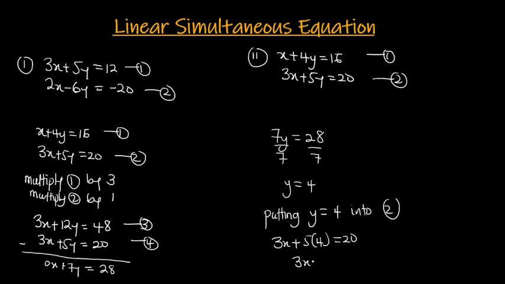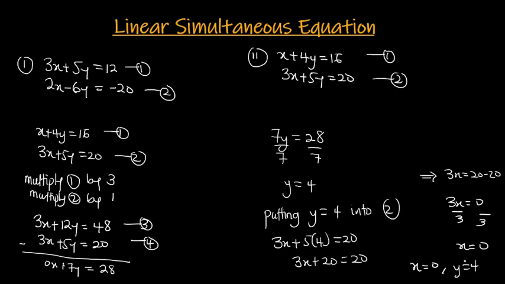So we have 3x plus 20 here is equal to 20, and this implies that we have 3x is equal to this 20 here minus this 20, because we are sending it to the other side of the equal to sign. So we have 3x is equal to 0. We divide both sides by 3. We have x is equal to 0. So it means that my x is 0 and then my y is equal to 4.